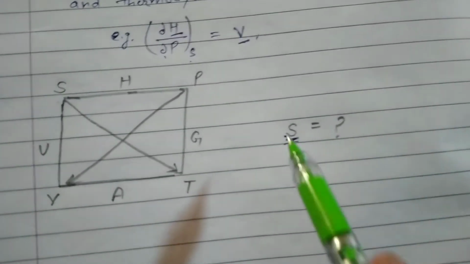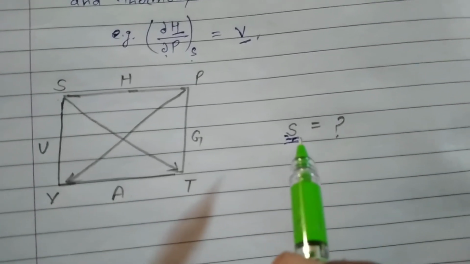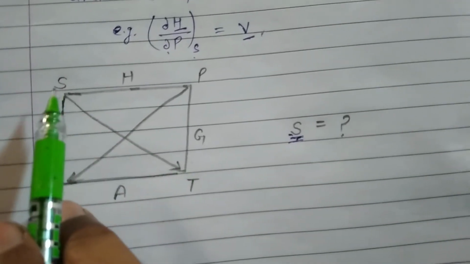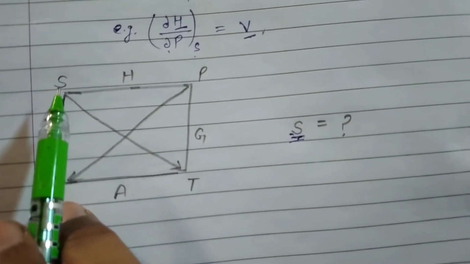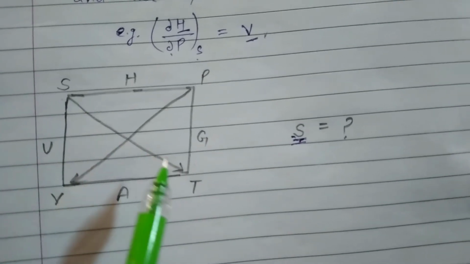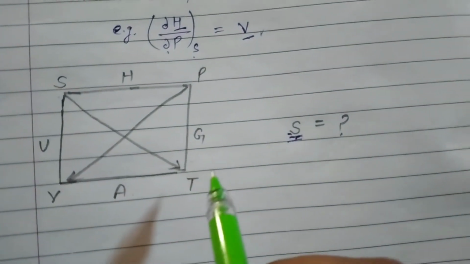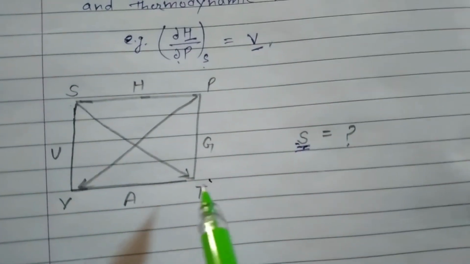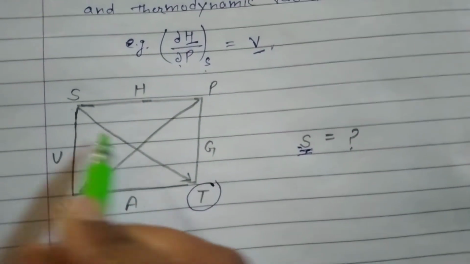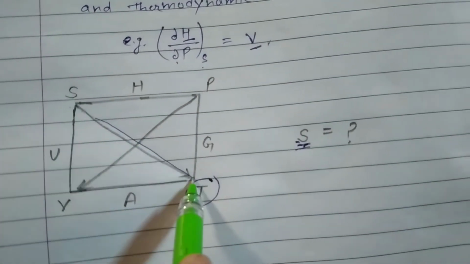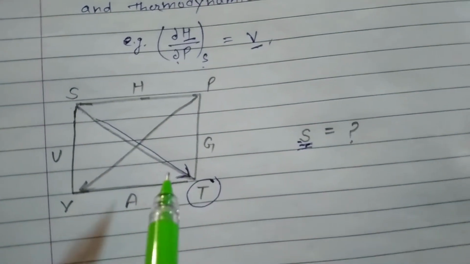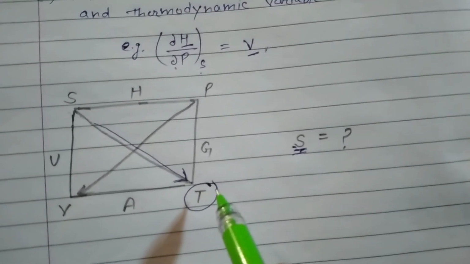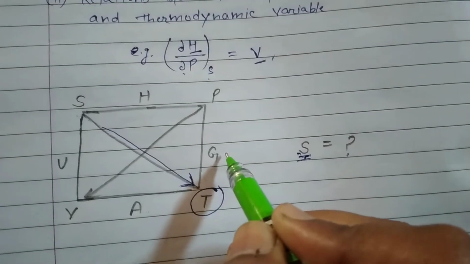For solving this type of problem, first of all we have to see the element diagonally opposite to entropy. Here temperature is diagonally opposite to entropy. And then we have to see the nearest thermodynamic functions.